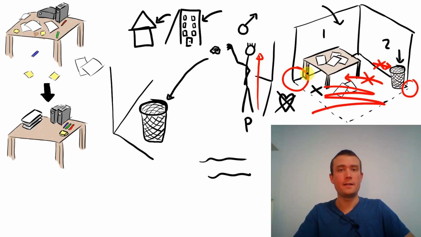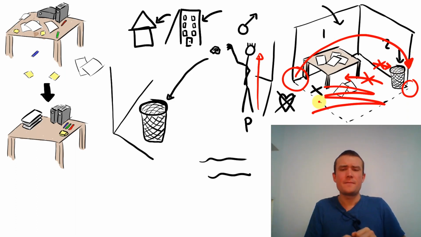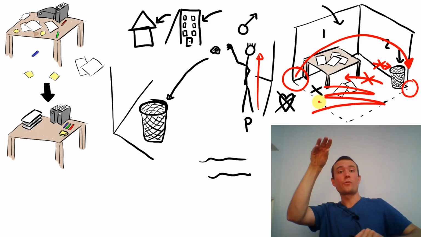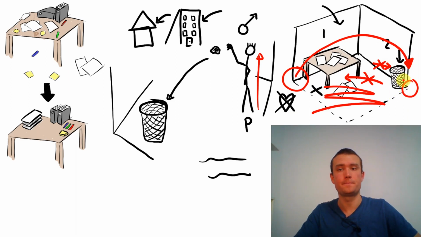From one side of the room to the other side. He's going to try and throw the pieces of paper from one side to the other side of the room into the bin.